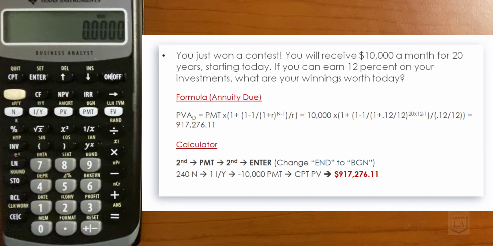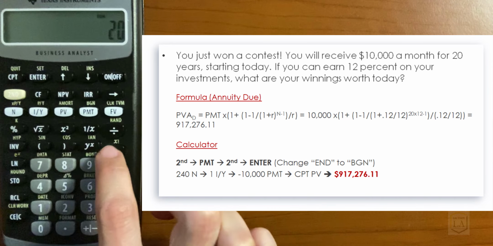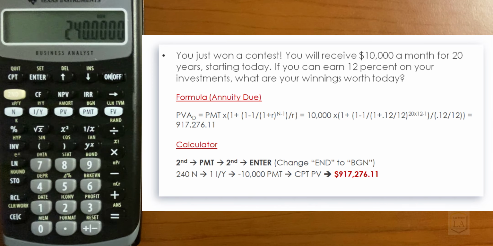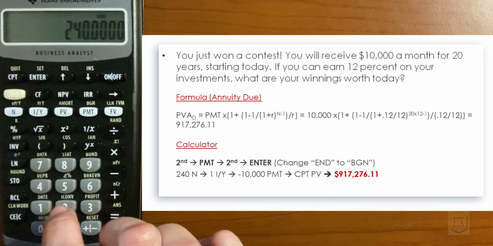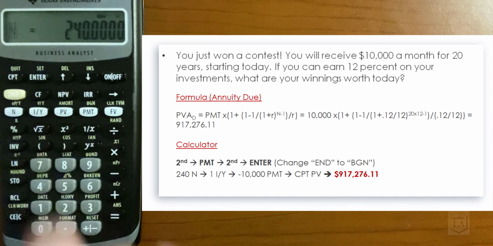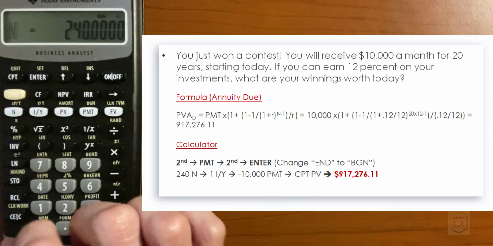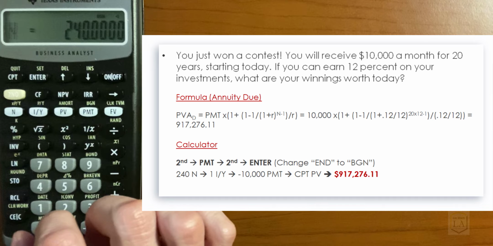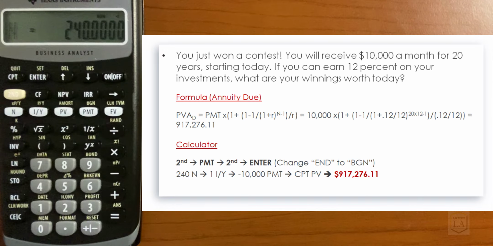You're given the payment amount, $10,000 a month. For 20 years, that would be 20 times 12, so that will be 240 months. That should be input as your number of periods. The interest rate will be 12, not 12%, but 12% is annual. If it's not saying anything, then it's an annual rate.